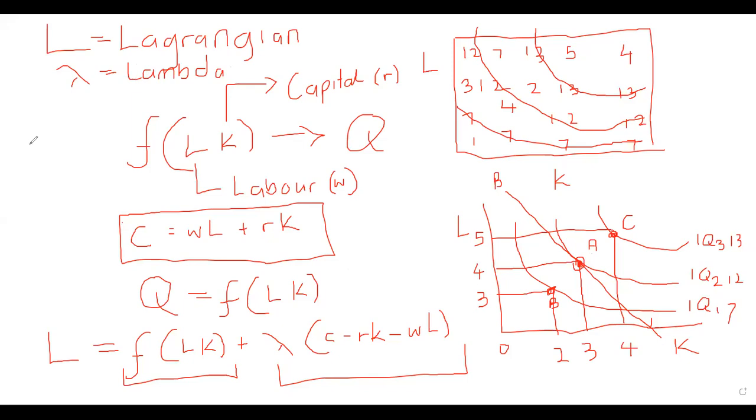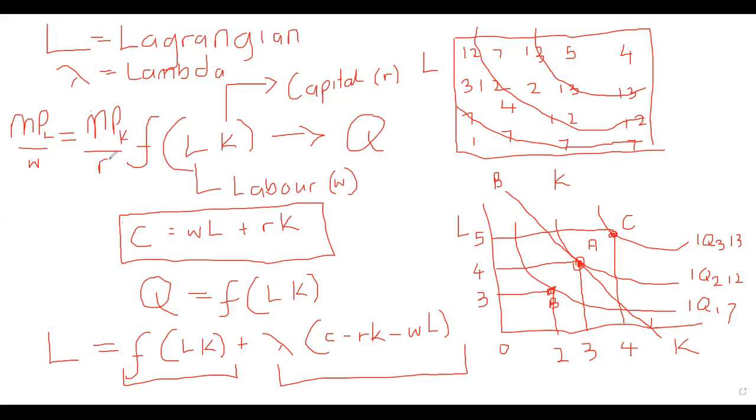At this point, the marginal product of labor, if you were to divide it with the labor reward, which is the wages, you equate this to the marginal product of capital, which you divide by the rent.